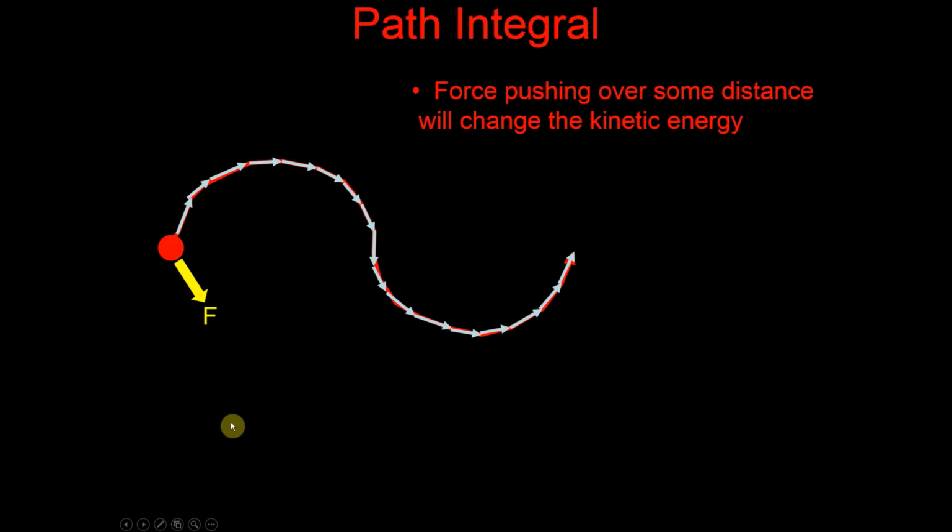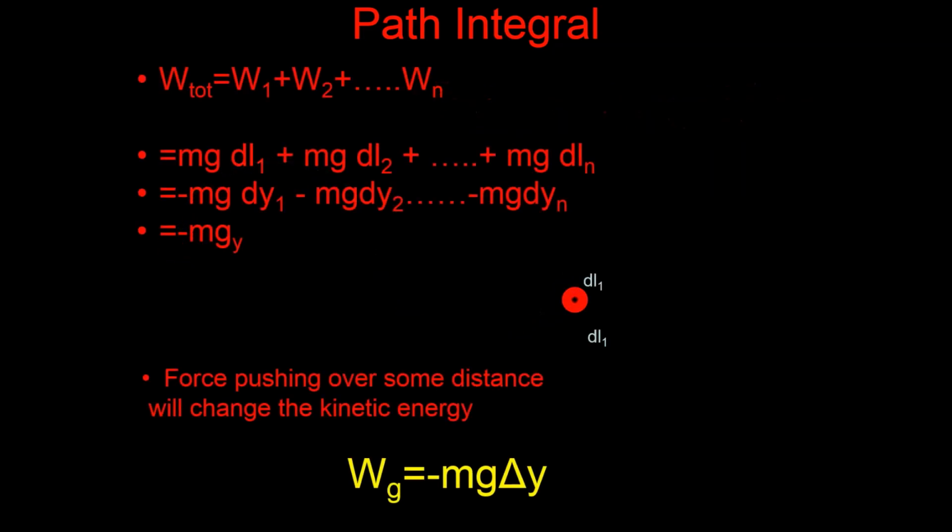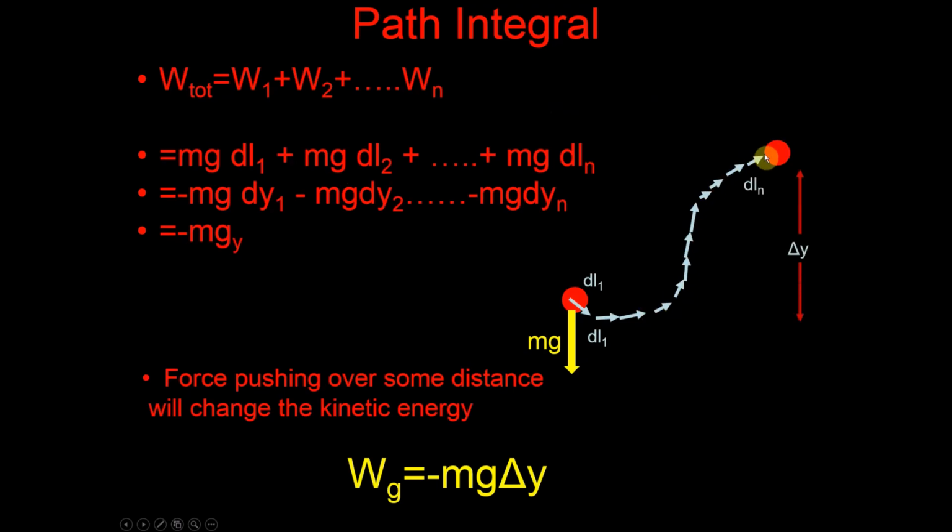If we're looking at the work done by something like gravity, which is usually the case, we can take our particle with mg acting down, and then look at the path of our particle. If we conduct this path integral, after we've summed all of these little length elements, we end up with the work done by gravity being negative mg delta y.